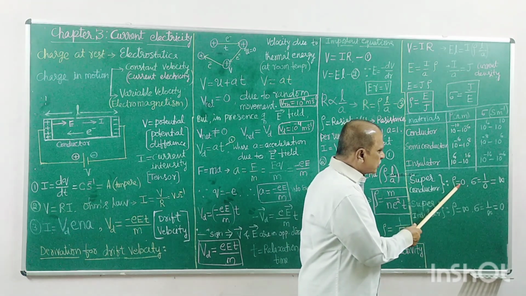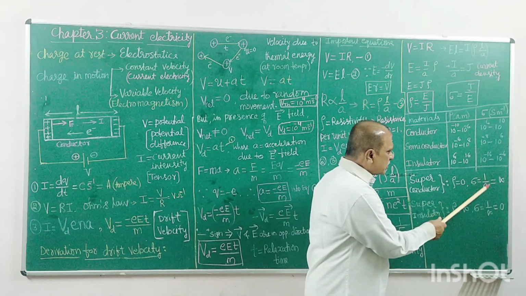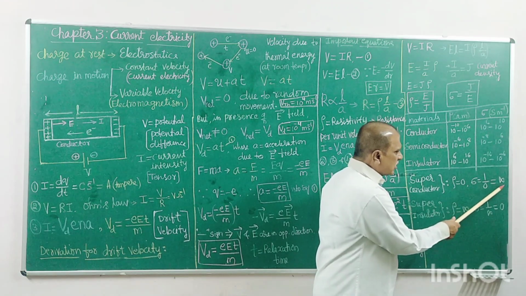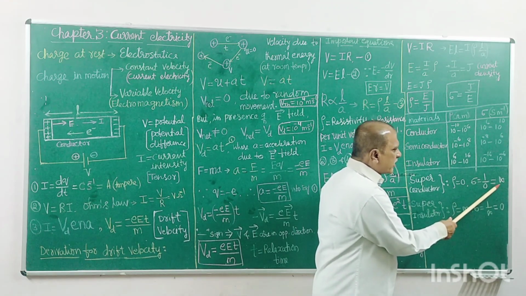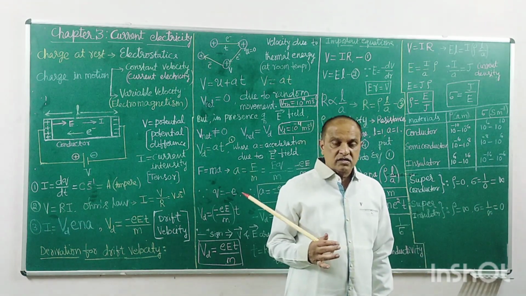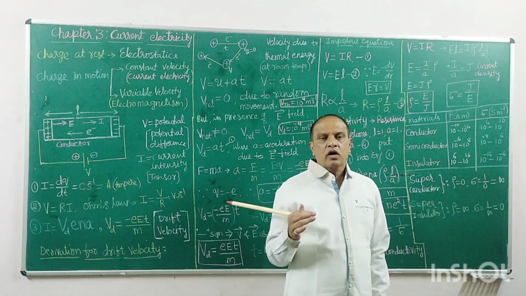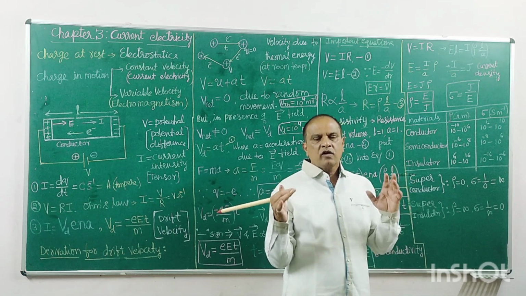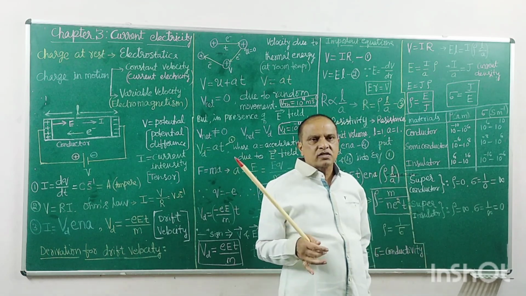If rho is equal to 0, what is sigma? 1 by 0 is equal to infinity. So sigma means infinite conductivity, infinite conductance. Look at that. The conductance is an unimaginable, abnormally high, infinite value.